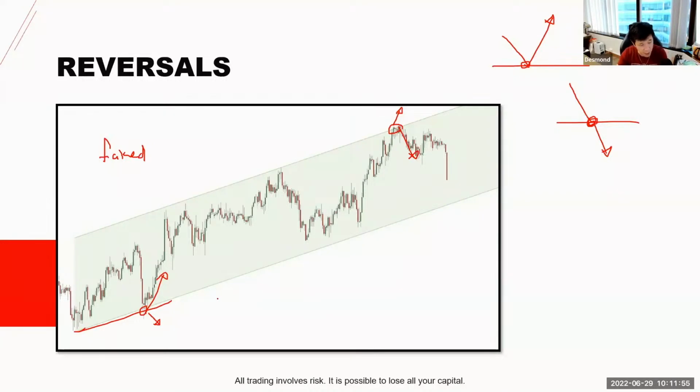It tells you what the market is feeling. For example, in this case, a very nice doji, or rather shooting star formation, suggests that price is unlikely to break up further, because it's a bearish reversal sign.